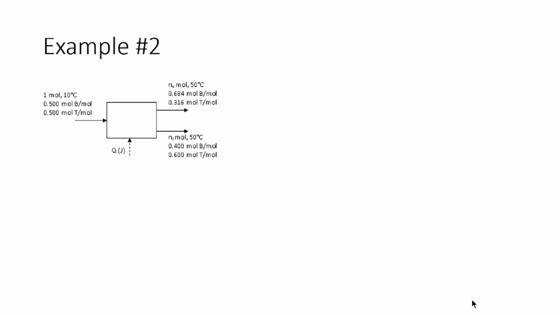Once we perform all the calculations, the enthalpy table can be completed, and the enthalpy table would look like this. You would have benzene liquid, benzene vapor, toluene liquid and toluene vapor. You have inlet flow rates, H cap in, and outlet flow rates and H cap outs.